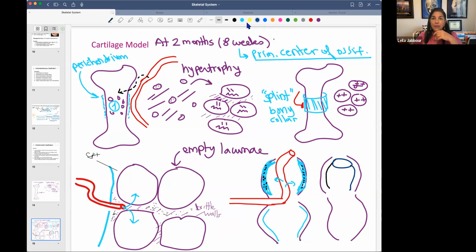And then another layer is going to be deposited, and we're going to make another lamella. So every layer creates another lamella. See, this is one lamella, and then another lamella and another lamella.